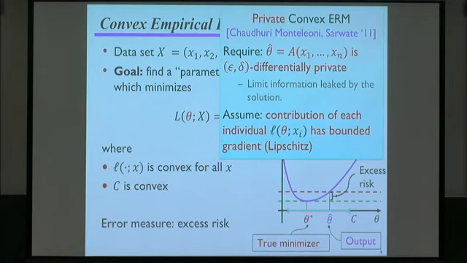Their requirement was that you find algorithms where the algorithm that produces this parameter estimate theta hat is itself differentially private in the sense that we discussed yesterday, meaning that when I change any one data point in the data set, I can control very carefully the change in the distribution on the parameter estimate theta hat. So this will allow us to limit the information leaked by the solution about any one data point.